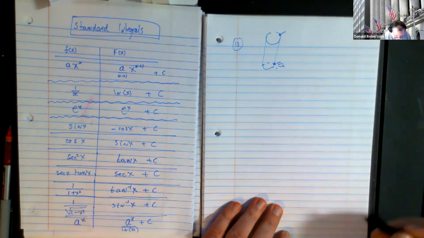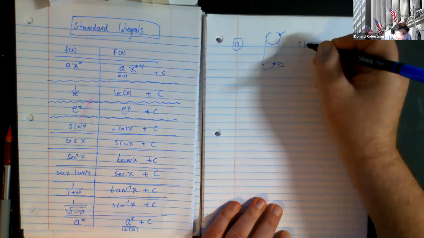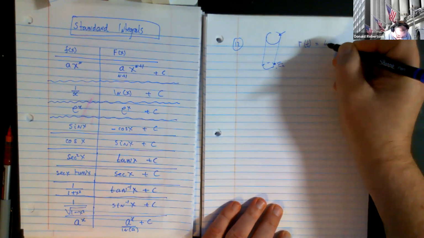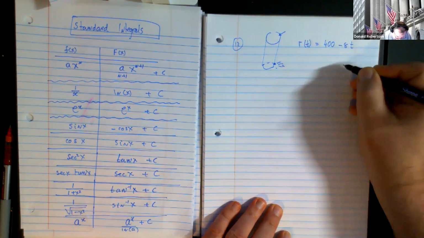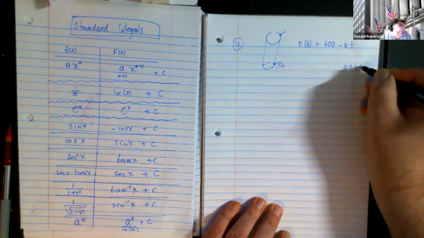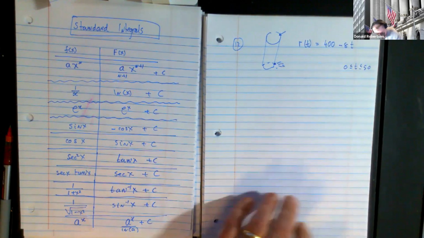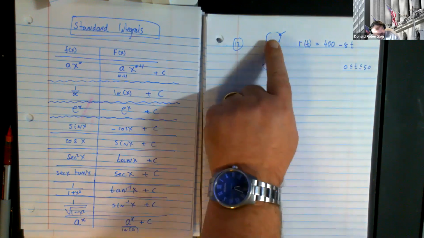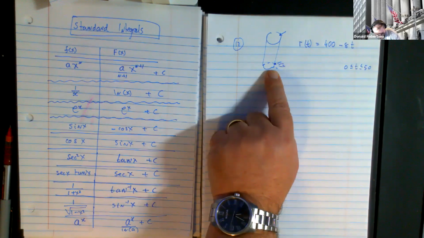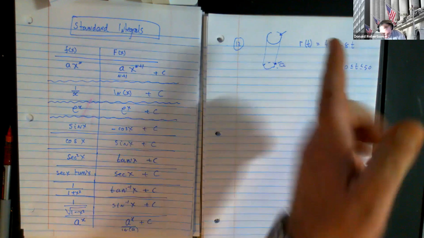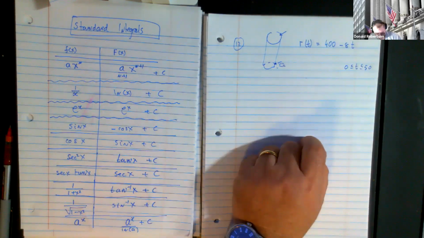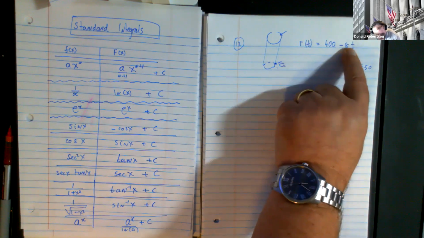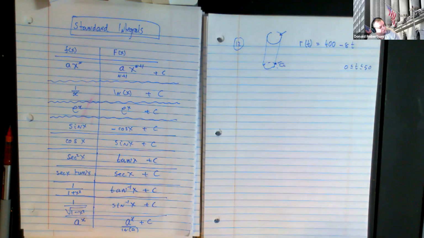It leaks out, and the rate at which it leaks out is given by the formula 400 take away 8t, and it only lasts for 50 minutes, and then the tank's empty. So you're told that the rate at which water is coming out is this number. So for instance, 10 minutes into the leak happening, 400 take away 80, the water is shooting out at 320 litres a minute, right?